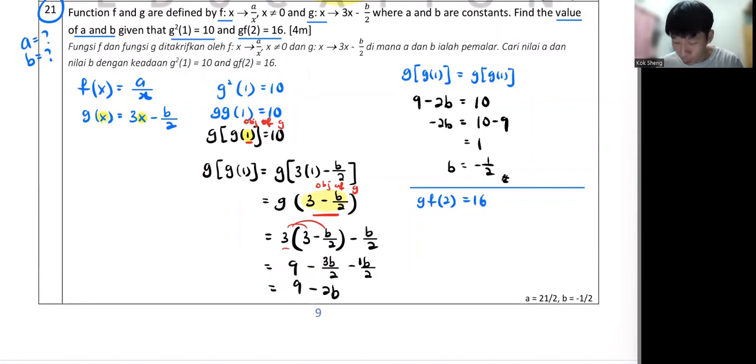So the object, as usual, the bracket 2 is the object. Yes, object of gf, right? But we don't have the function gf here, so we're going to split into 2. The bracket 2 will become the object of f.